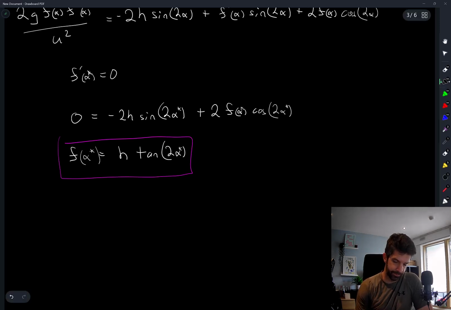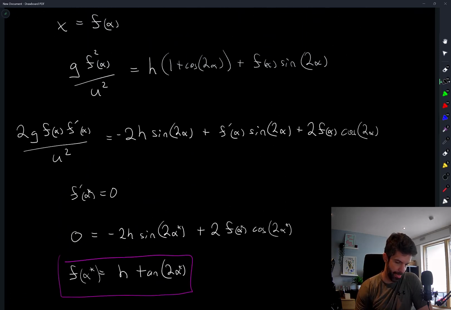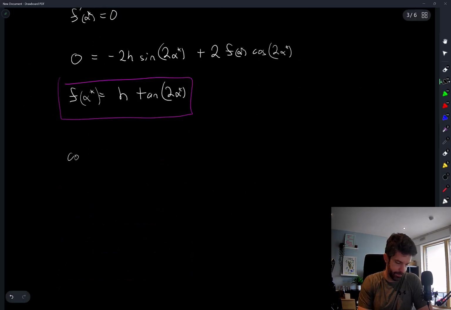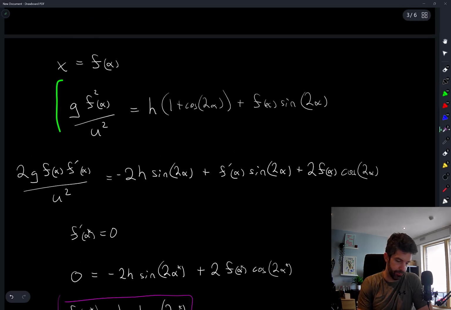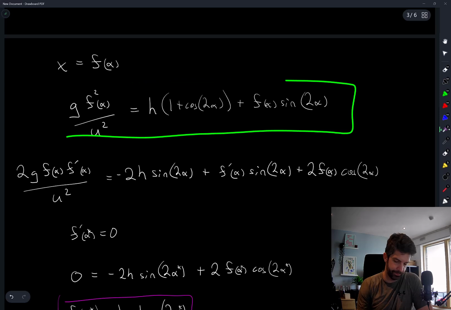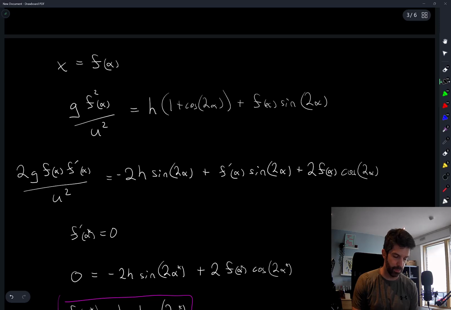Okay, so cosine 2 alpha star. I'm thinking I might go back up to this equation and substitute what f of alpha star is and see what happens. I'm not sure if that will give me what I want.